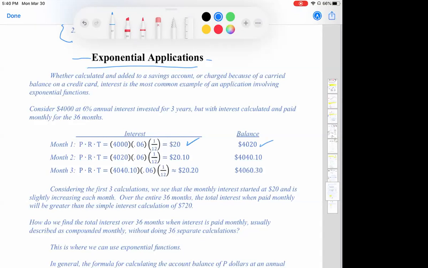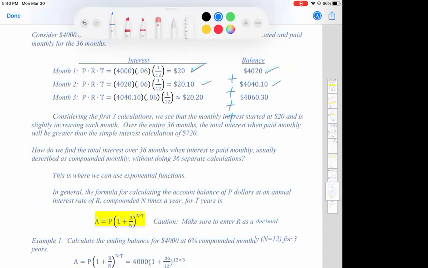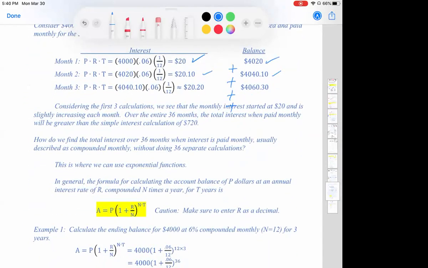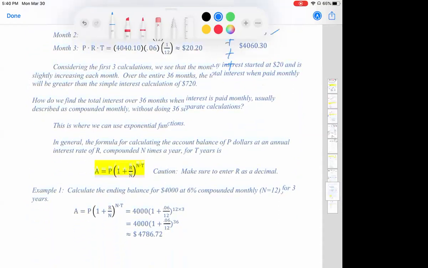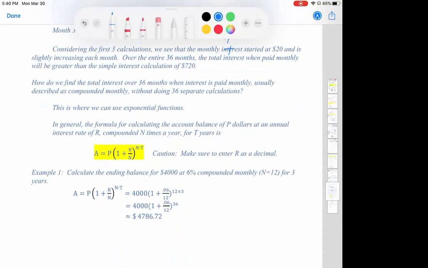So if we want to find out what we're getting after 3 years, we will have to do this 36 times, because after each month, we would have to add the amount to our initial balance. That's a lot of work, which is why I didn't spend so much time talking about it. There's a different way you can do it, and it's right here.